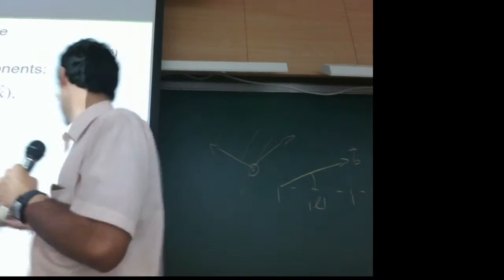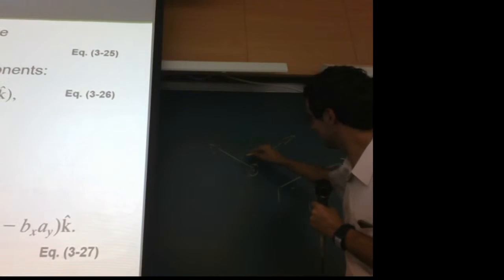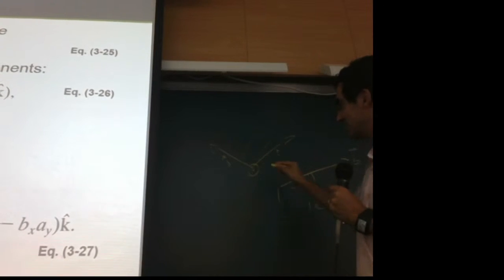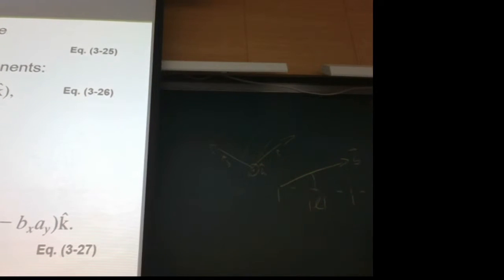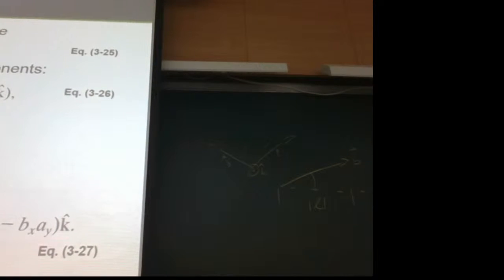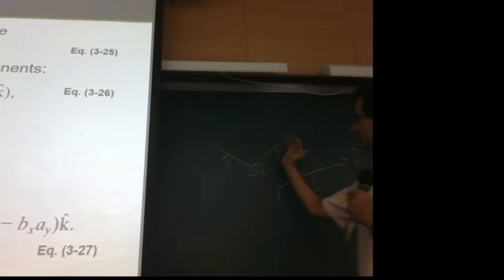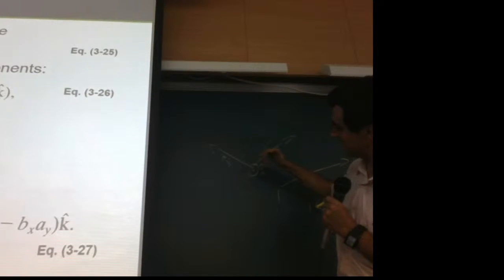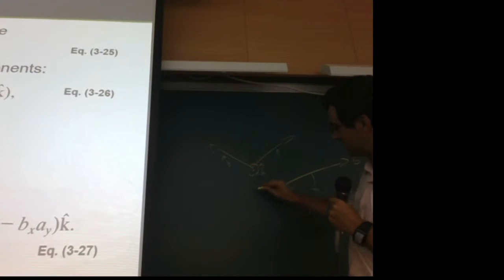I cross j, let's say this is i, this is j, gives me a vector that comes out, k. So this one here, i cross i, gives me 0. This one gives me ax by, i cross j. These are just numbers, right? So I only have to worry about the unit vectors. So that gives me k. And then here I have ax bz, i cross k gives me, not j, gives me the opposite, minus j.